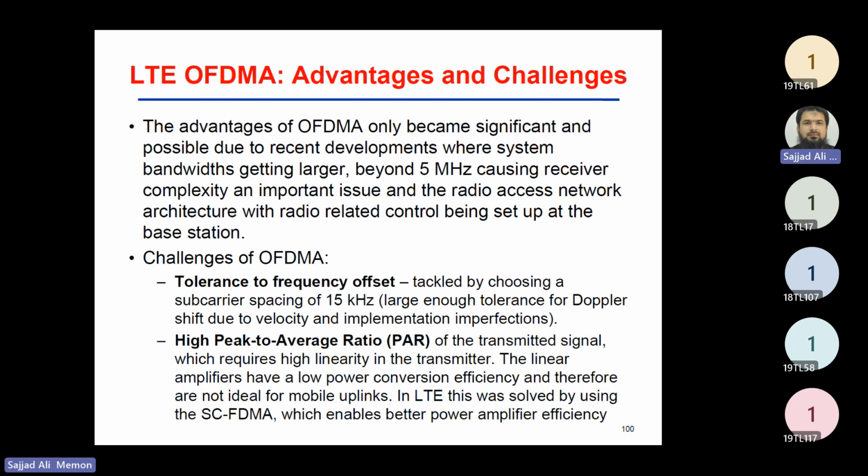High PAPR is something we already learned in the lab. That is the problem with multi-carrier communication systems. When we add the subcarriers, when they add in phase, their maximum amplitude goes beyond the saturation level of the high power amplifier.